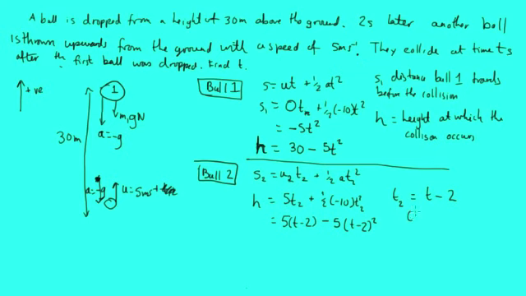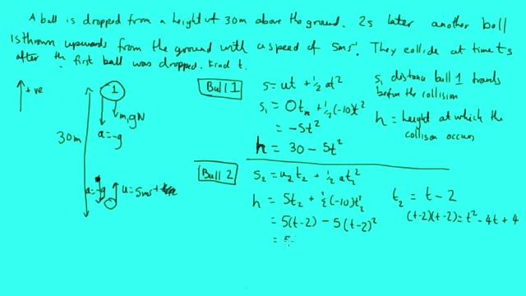So we're going to work out what t minus 2 squared will be here, just so we can keep track of everything. It's going to be t squared minus 4t plus 4, and then we'll open these brackets out.